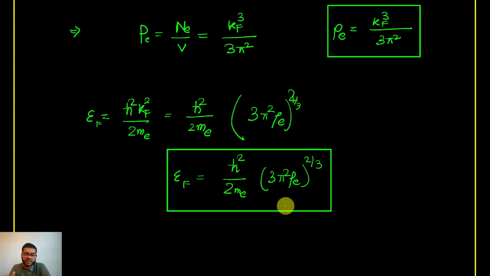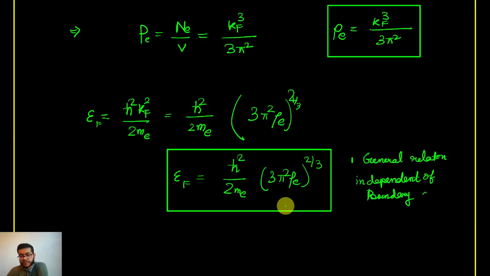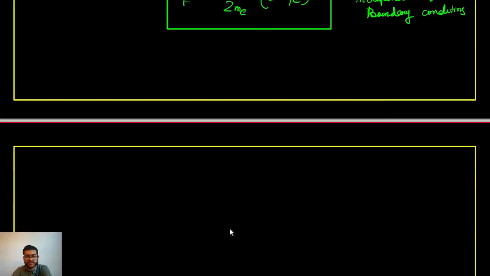By the way, it can be rigorously proved that this is a general relation independent of boundary conditions. So now we get the relation between Fermi energy and electronic density.